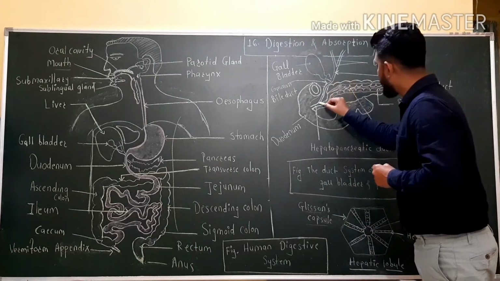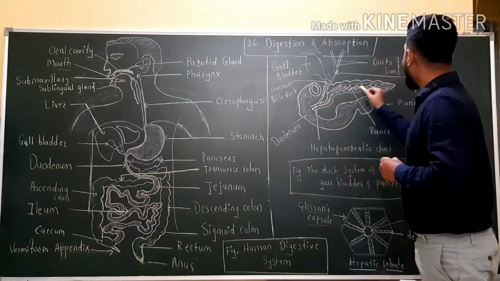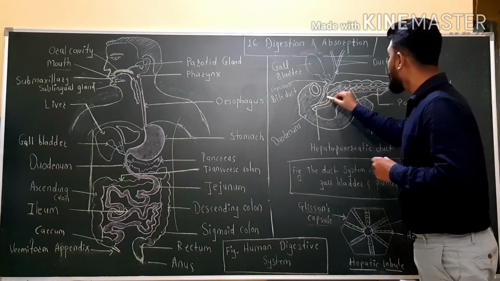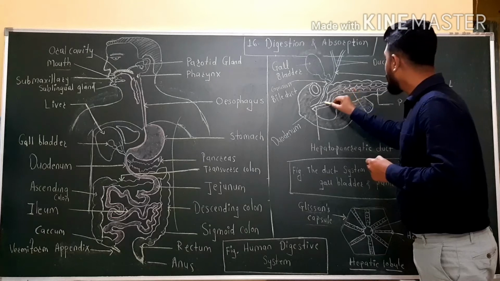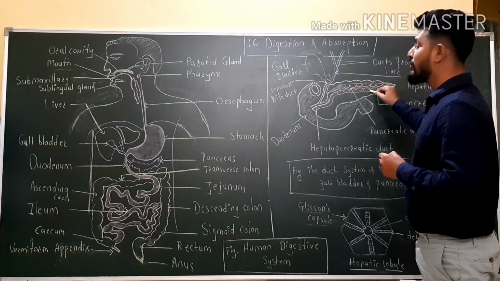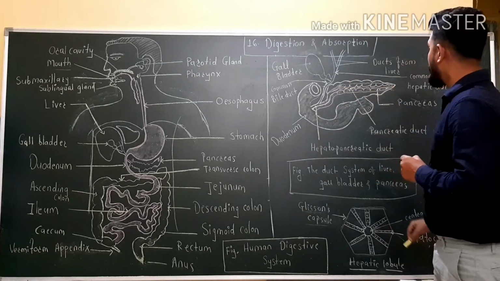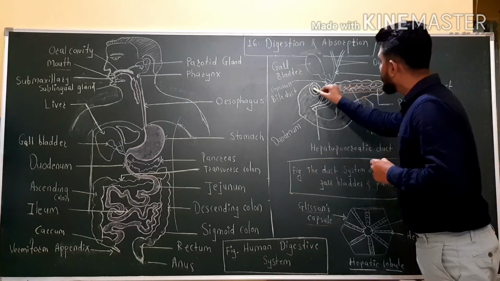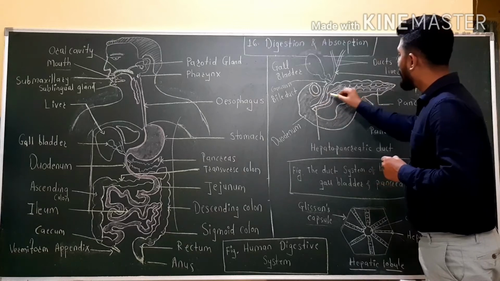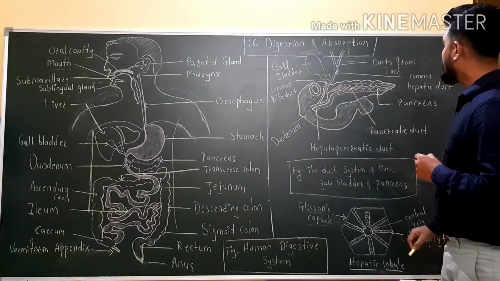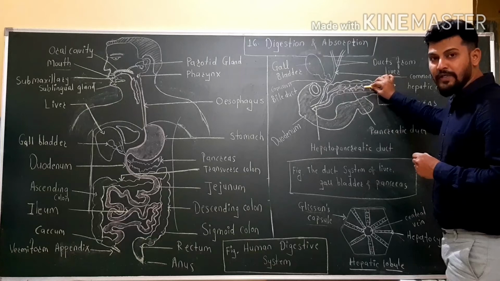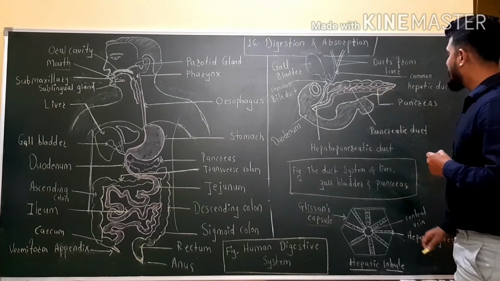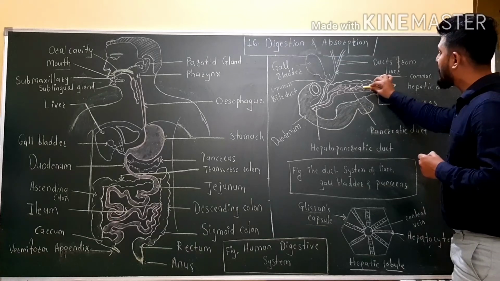This common bile duct combines with the pancreatic duct, which collects the pancreatic juice from the exocrine functioning of the pancreas. Pancreas is a compound organ that is present in between the C-shaped region of the duodenum, and this pancreas is exocrine in functioning as well as endocrine in its functioning. Exocrine pancreas releases the alkaline pancreatic juice.